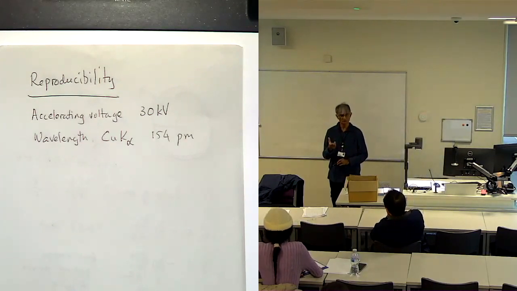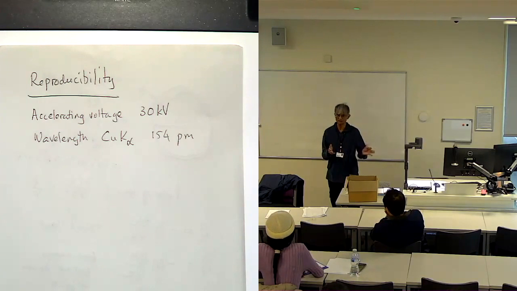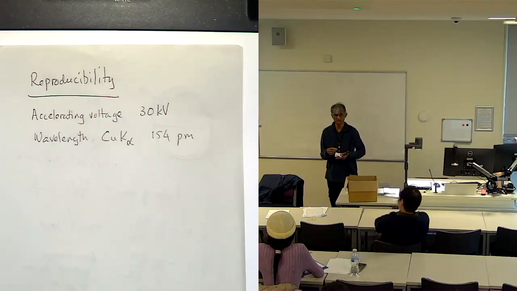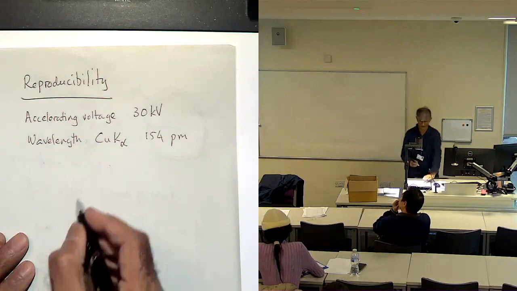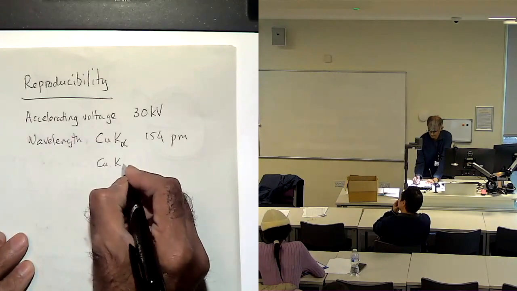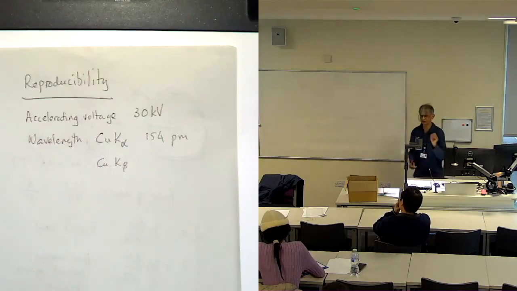Now, there was also copper K beta, but we are going to ignore that. It basically gives you a broadening of the peak because we are not filtering it out, okay? It's a lower intensity emission.